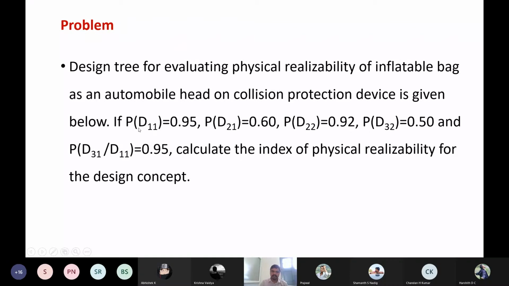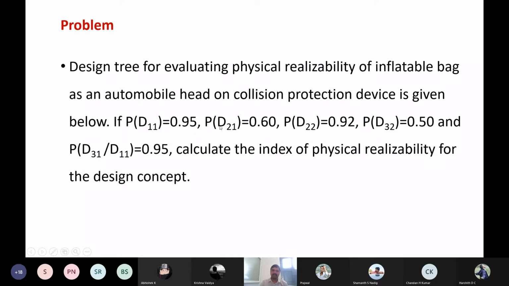This D11 is one such solution, and this is the probability that this solution can be executed or is physically realizable. The probability that solution D1 is physically realizable is 0.95, that is 95%.